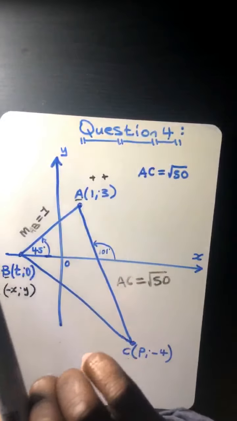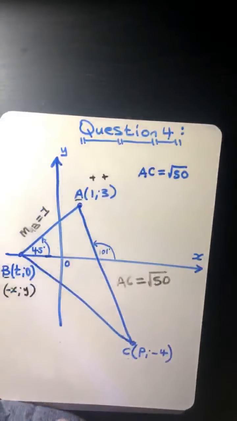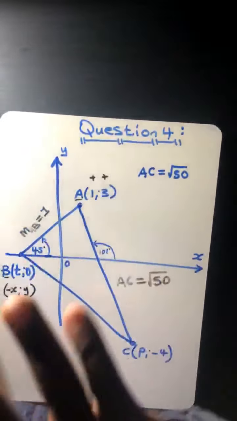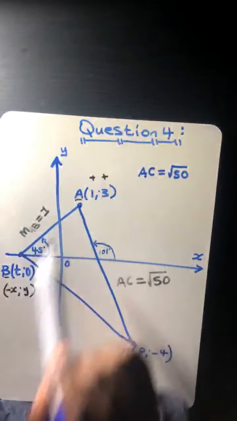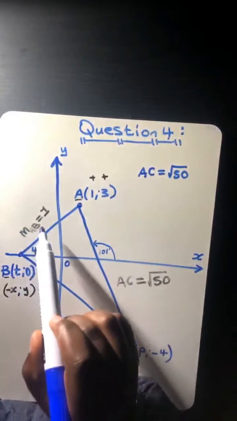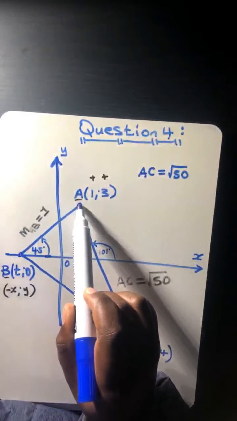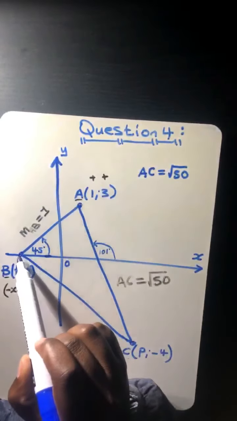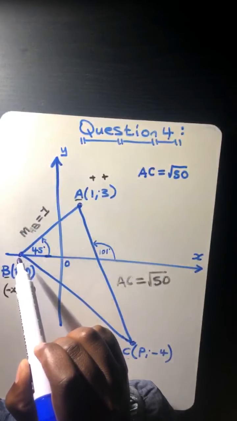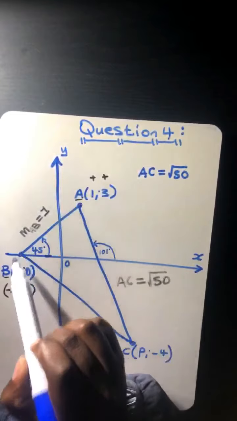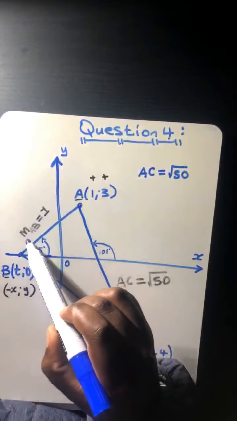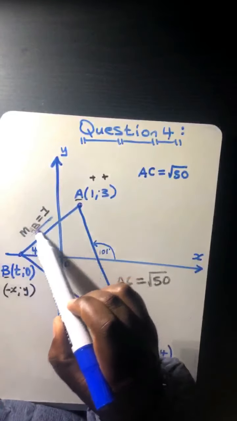It could be the midpoint, the distance, or the gradient of those 2 points. In this case, can you see, we have calculated the gradient of this line, which means anything else that has to do with point A and B, we can get assistance from the gradient formula.